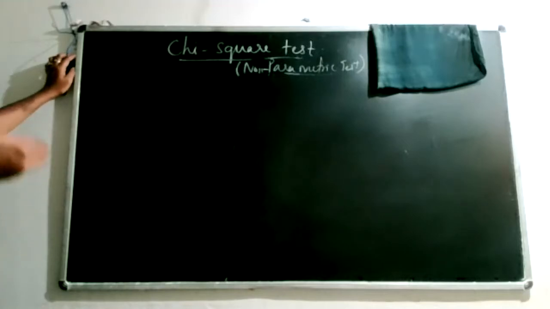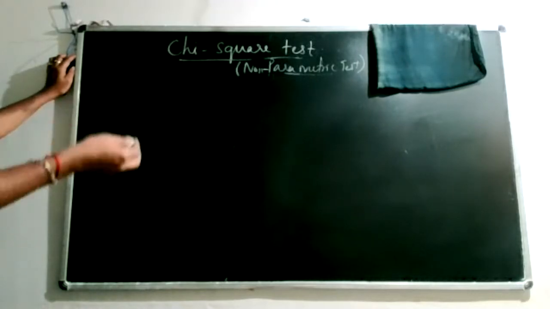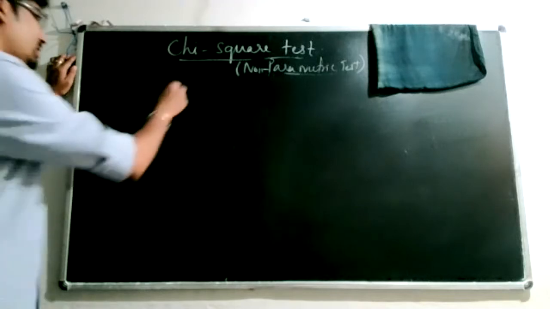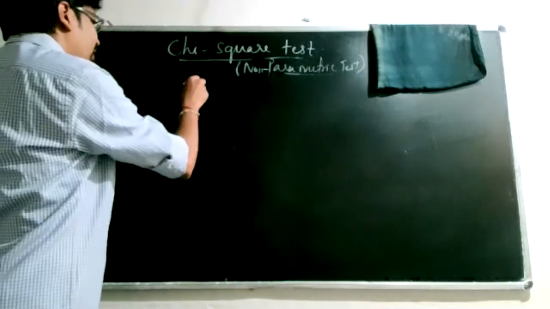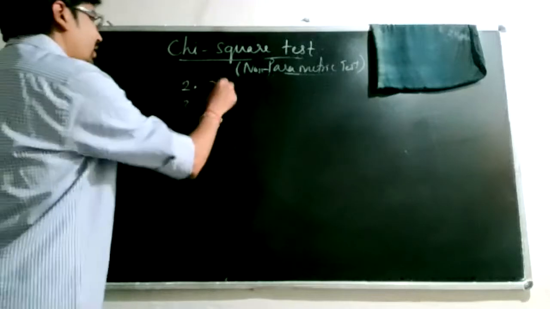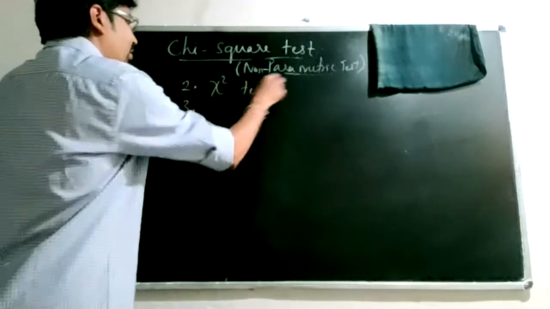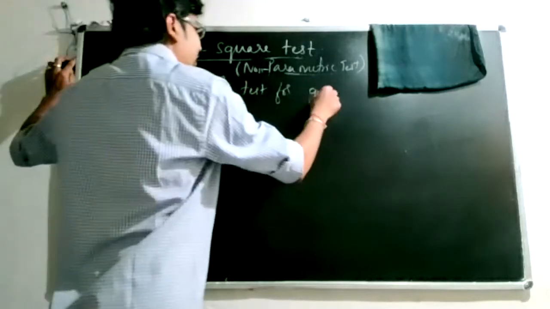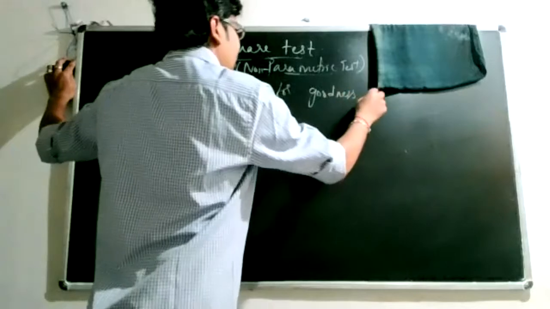So very little or no information is known about the population or distribution. In that case you can apply what is called a non-parametric test. And two of the most commonly used non-parametric tests under the chi-square test are the chi-square test for goodness of fit, and then the chi-square test for independence of attributes.